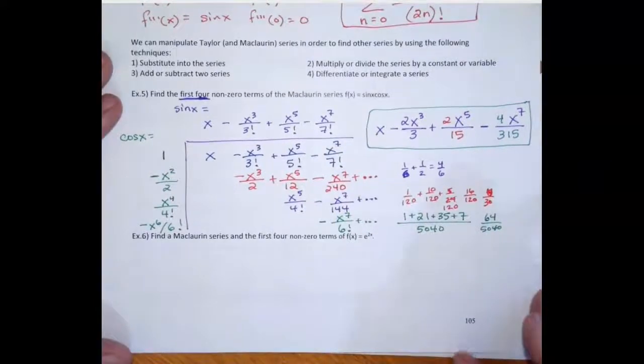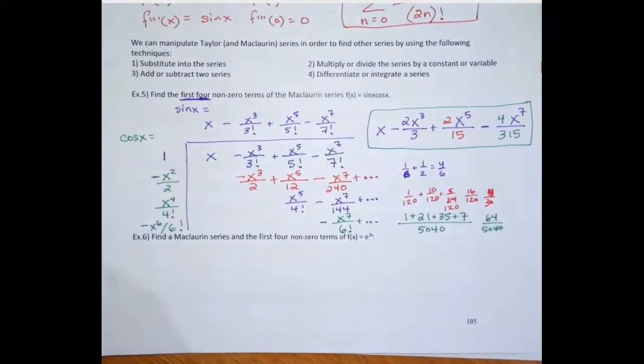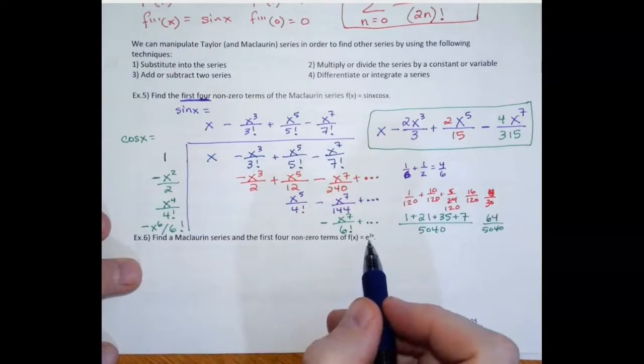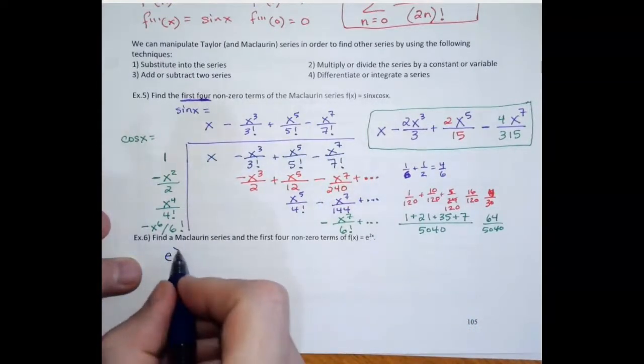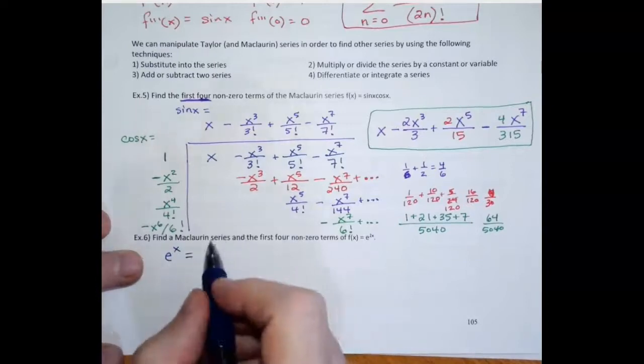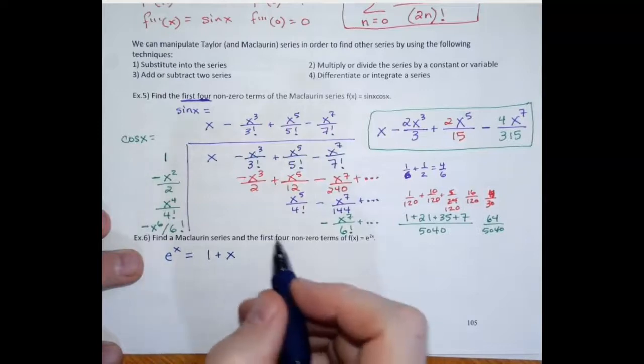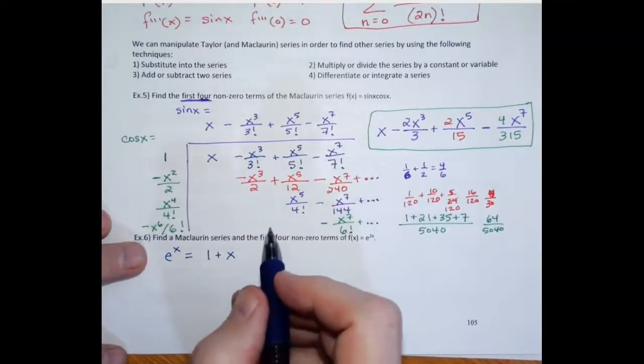Okay. So now let's try it with the first four terms of e to the 2x. So if we think about it, e to the x, that's another one we want to memorize. So that's 1 plus, and it's all positive and it's all the terms. So it's kind of a combination of sine and cosine, sort of.